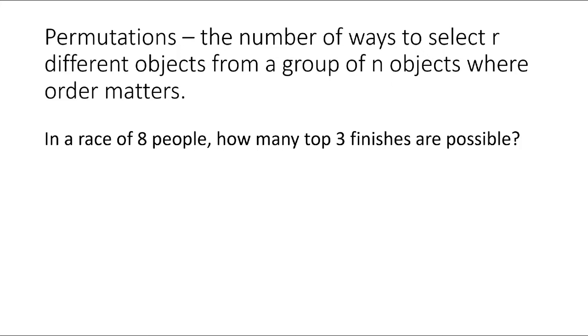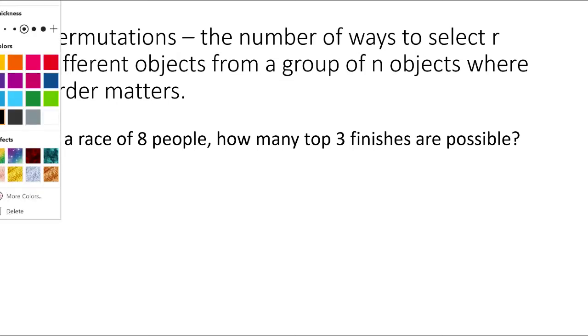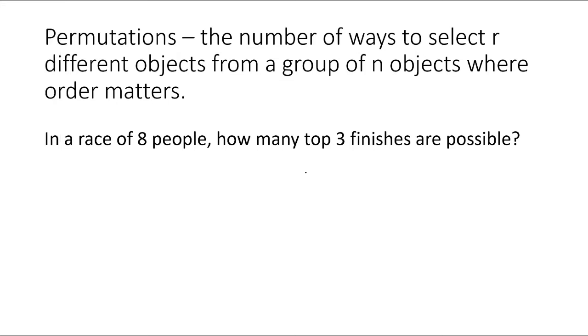All right, so let's look at this example. In a race of 8 people, how many top 3 finishes are possible? So if you think about 8 people running a race, and let's say, as an example, the person who gets first place, their first initial is G. And the person who gets second place, their first initial is S. And then the person in third place, their first initial is C. All right, so that's our order.